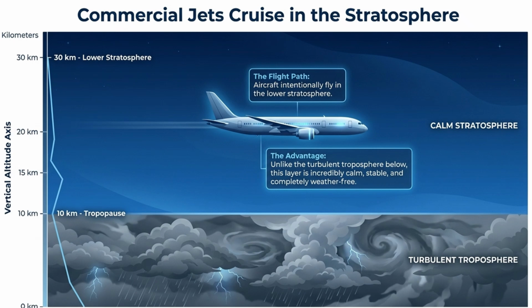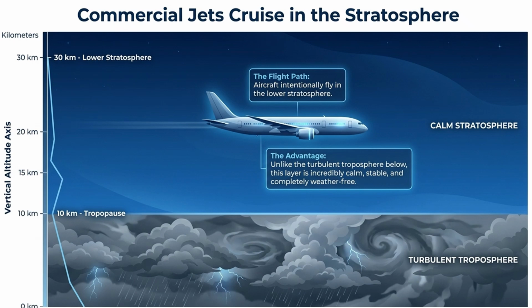Another interesting feature of the stratosphere is that commercial aircraft often fly in its lower part. Most commercial passenger jets typically cruise at an altitude of around 10 to 12 km, which is near the tropopause and lower stratosphere.